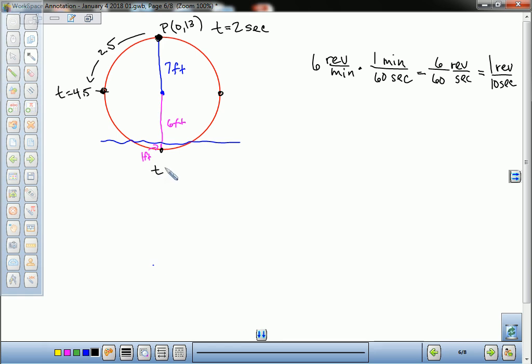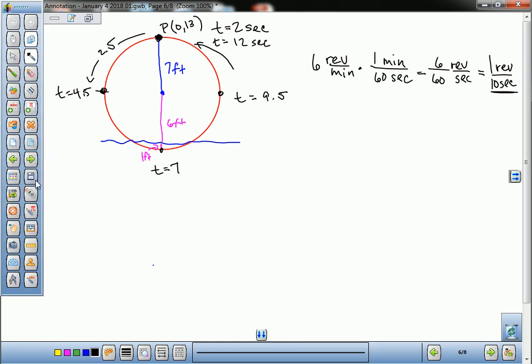What would the time at this position be? 7 seconds. What would the time at this position be? 9.5. And to get all the way back to where we started, what would the time be? 12 seconds, because it took us 10 seconds to complete 1 revolution. If I divided that revolution into 4 equal parts, each turn would take 2.5 seconds. Does that make sense? All right, so now we can graph it.